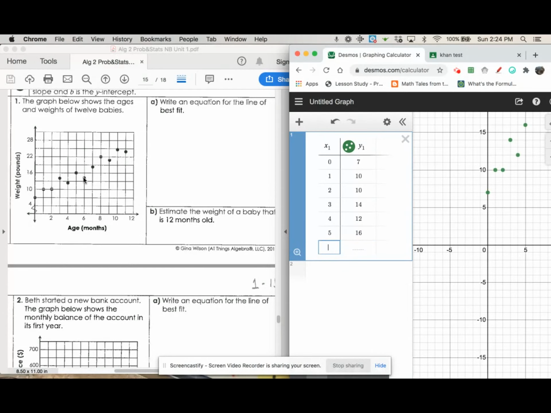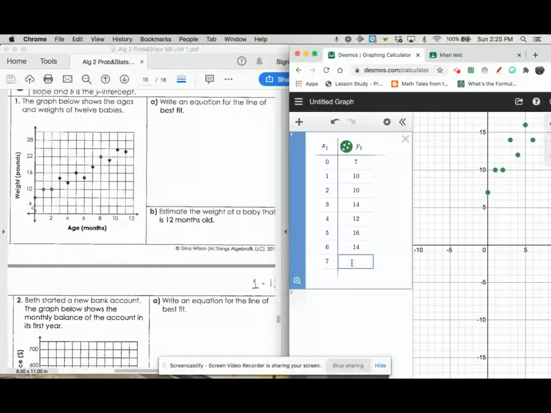I'll say 15 or 14. I'll say 14. So that's 6, 14, and again, your estimates might be different than mine depending on how you see it. And then over here we're at 7 months, and then remember it counts by 3, so this is 19. So this is 7, and we'll say 18 because it's a little bit below the 19 mark.